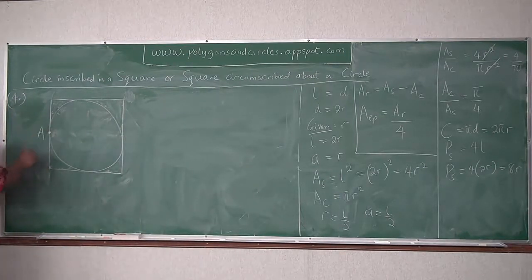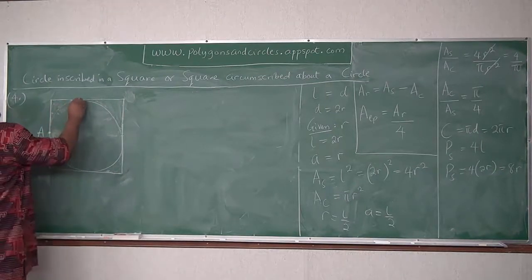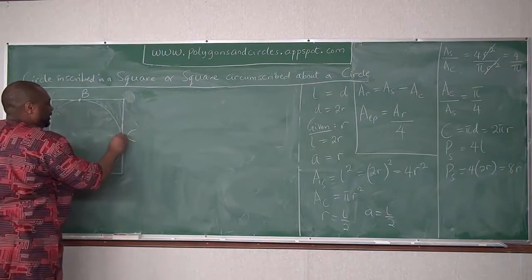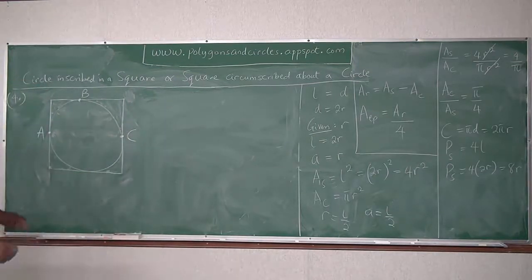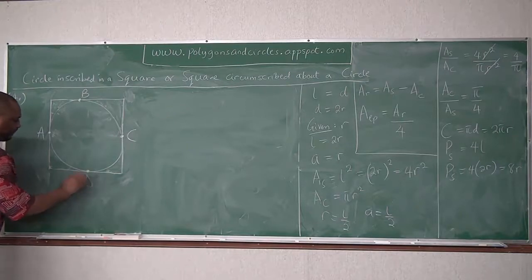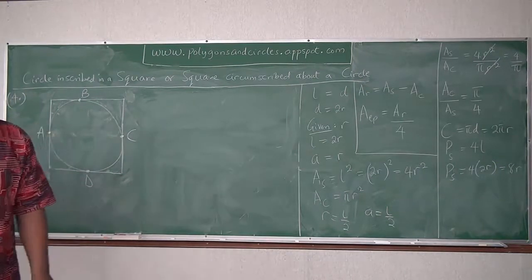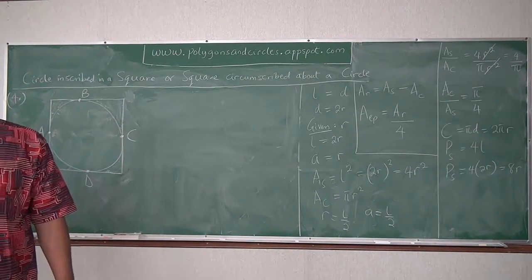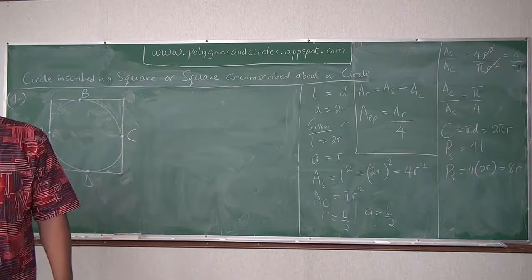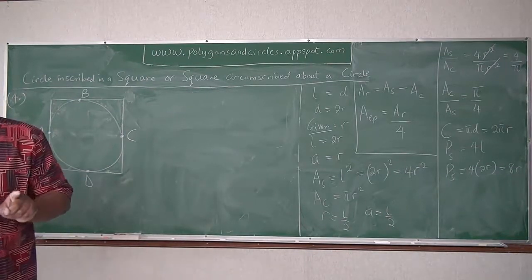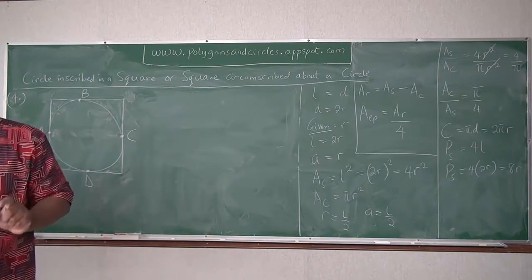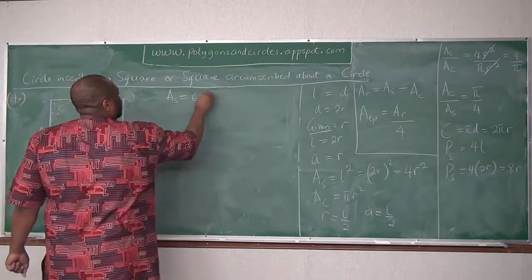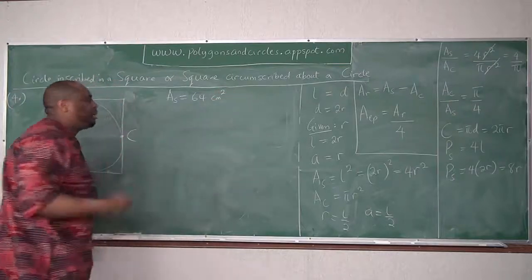We have a point of tangency A, a point of tangency B, a point of contact C, and another point of contact D. So the square has an area of 64 square centimeters.